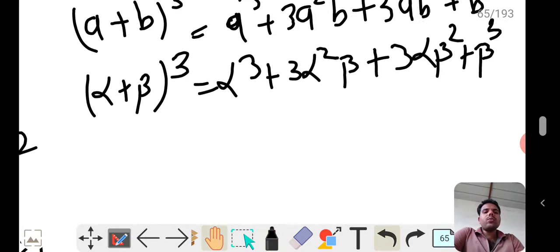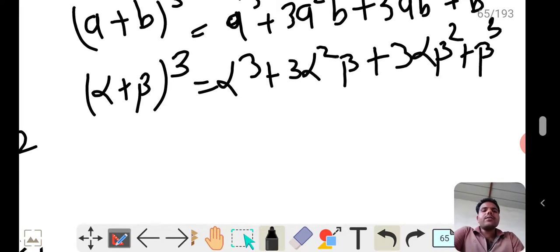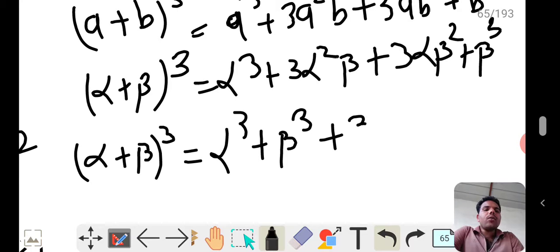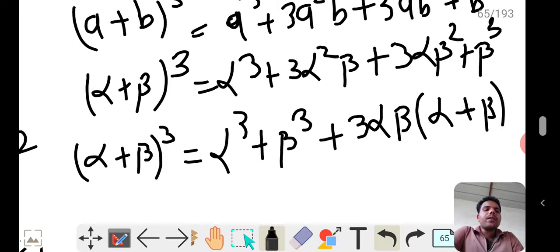So we can reduce this equation as alpha plus beta bracket cube is equal to alpha cube plus beta cube plus, take 3 alpha beta common, 3 alpha beta into bracket, we will get here alpha and here beta. So by solving this we will get alpha cube plus beta cube.